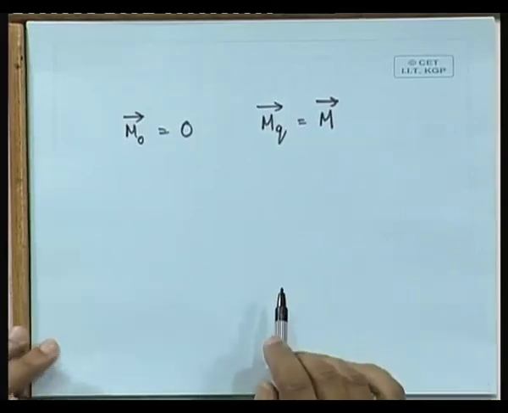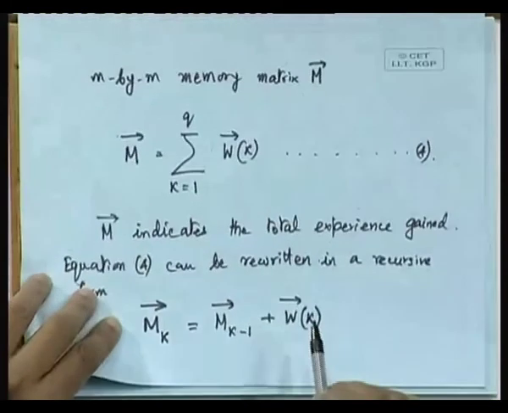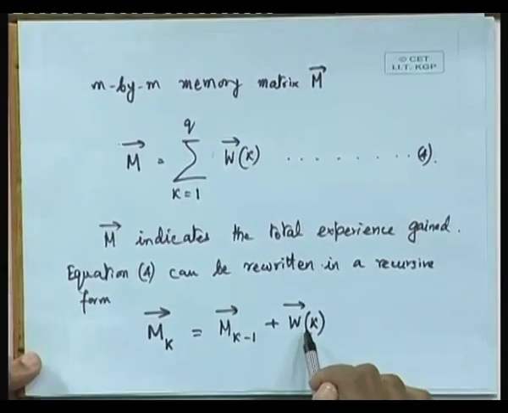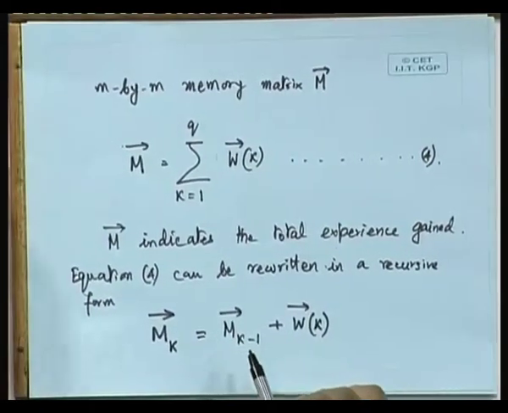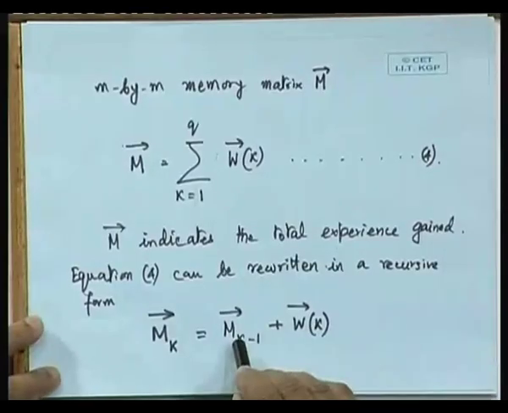Now what you are doing is adding this wk to m of k minus 1. Now the question is, can you really retain the identity of this wk in this mk matrix?